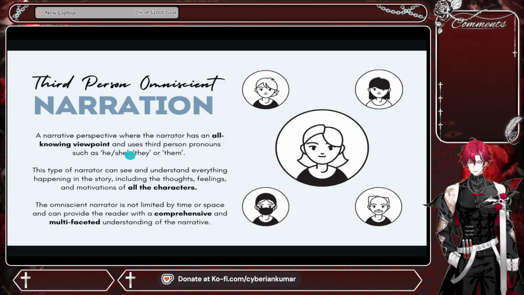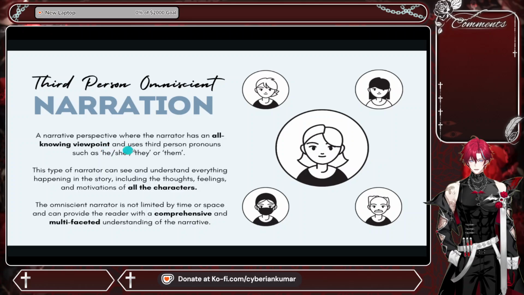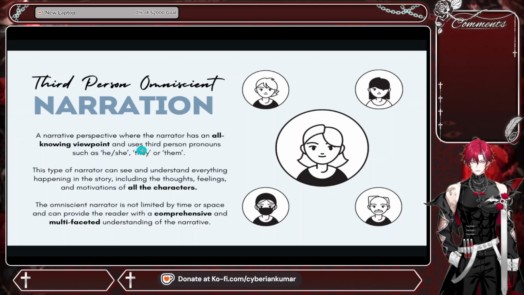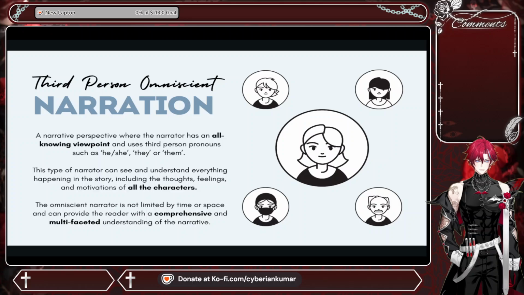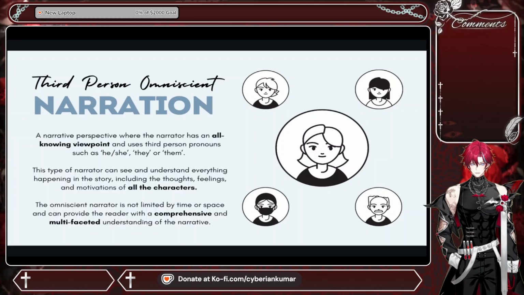So let's see what it is. It is a narrative perspective where the narrator has all the knowing viewpoints, so you could switch between the characters and tell how they are, what they are doing, what they're not doing. So it is omniscient, the all-knowing viewpoint, and we use third person pronouns for this: he, she, they, or them.